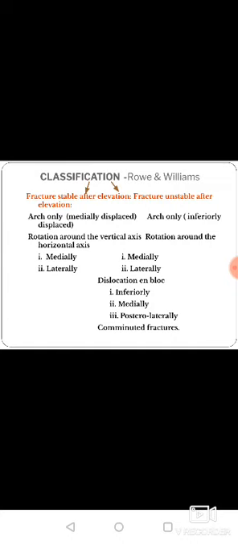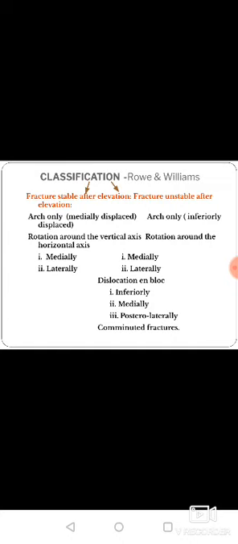And I told you again, based upon the horizontal and the vertical axis. The vertical axis is an imaginary line drawn from the frontozygomatic suture down towards the first molar teeth, and the horizontal axis is the horizontal plane from the zygomatic arch going towards the nasal bone. So if there is an impact along the vertical axis, there is an inward displacement or medially rotated, and if it is based upon the impact on the horizontal axis, it is inward or outward displacement.